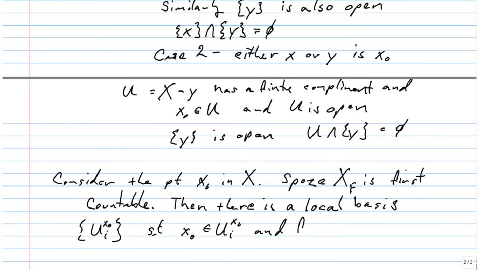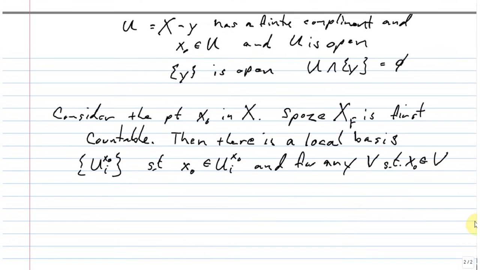And for any V such that x naught is in V, one of these suckers, there exists U, well, I'll use n, x naught, such that U_n of x naught is contained in V. Right?